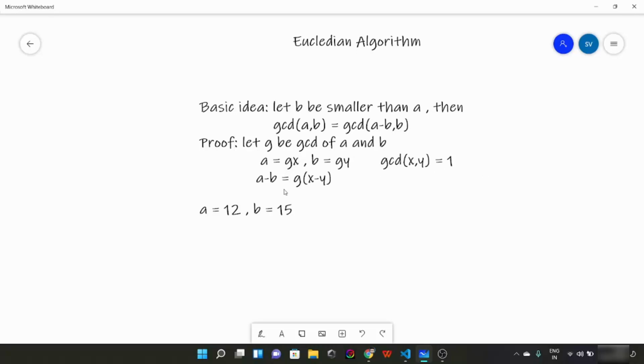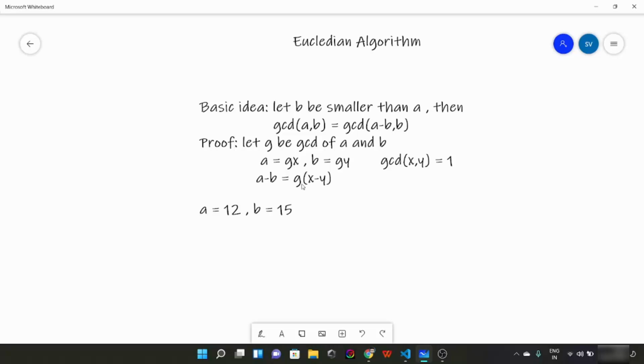So if we subtract B from A, what would we get? G times x minus y, right? And what would be the multiples of A minus B? One would be G, right? And one would be x minus y.